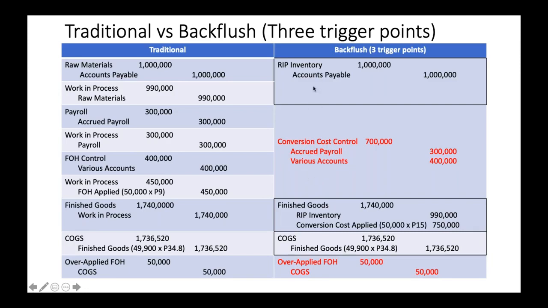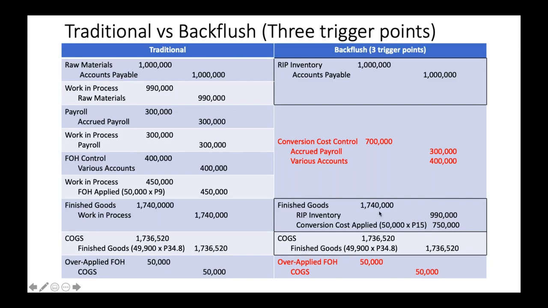Again, the trigger points are upon purchase and upon completion. So upon completion, this is our entry. And all the amounts can be computed because we know the standard unit cost and the applied rate for each element, for raw and in-process and the conversion cost, and that is 15 and 19.8.